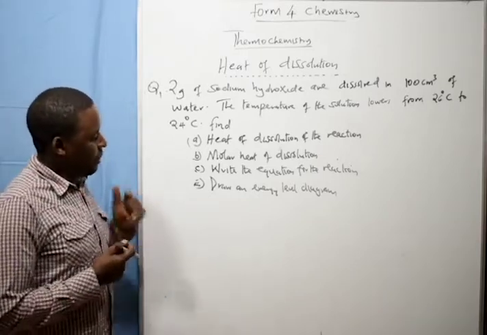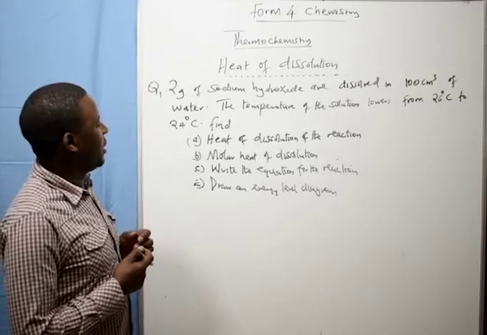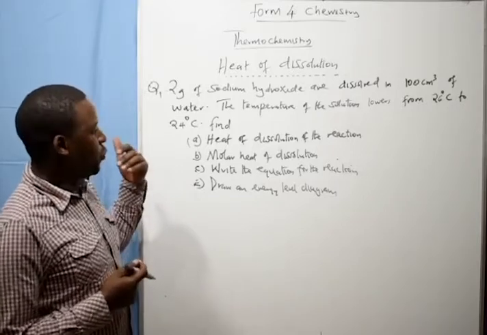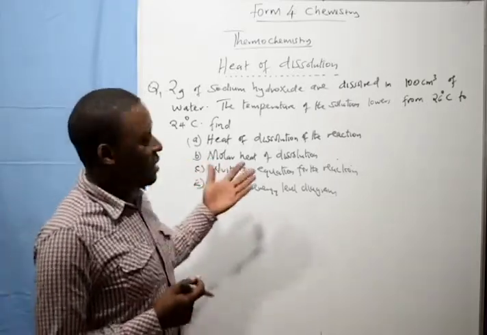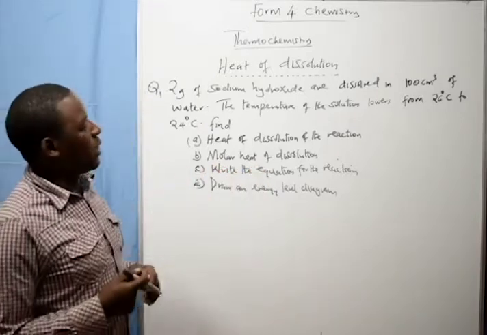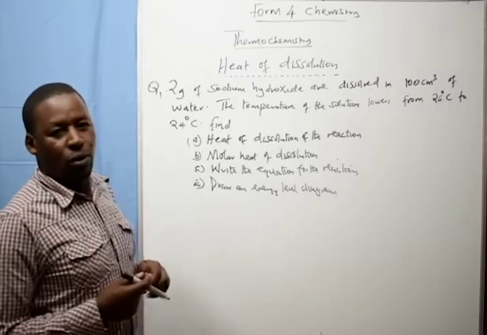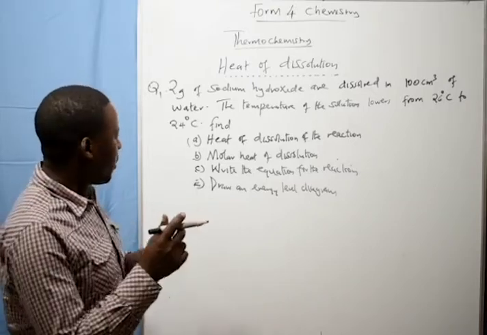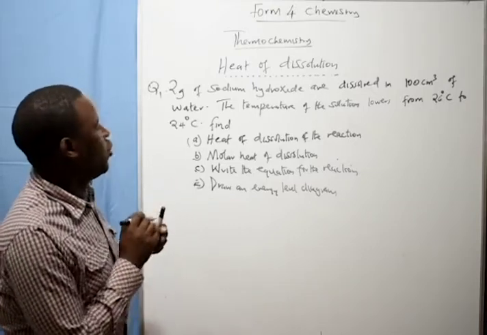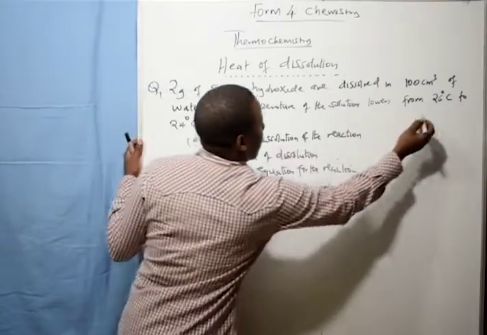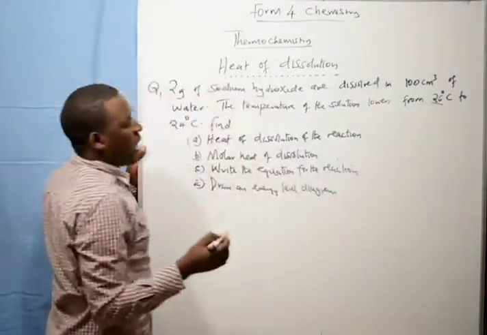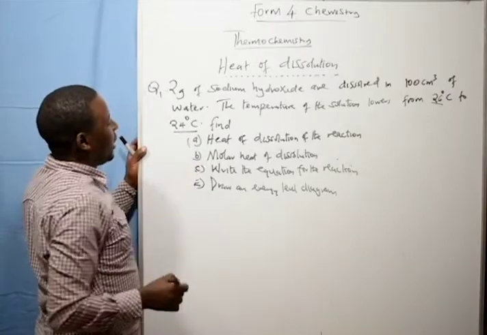Now, in this question, first of all, you want to identify whether this is an exothermic reaction or an endothermic reaction. From the temperature change, starting from 26 and lowering to 24.